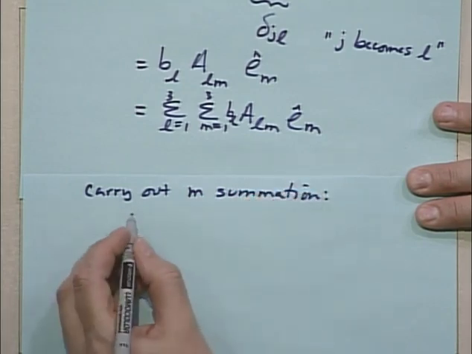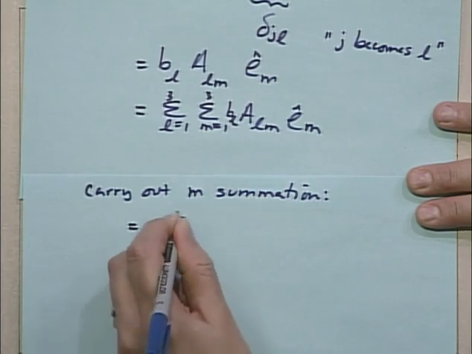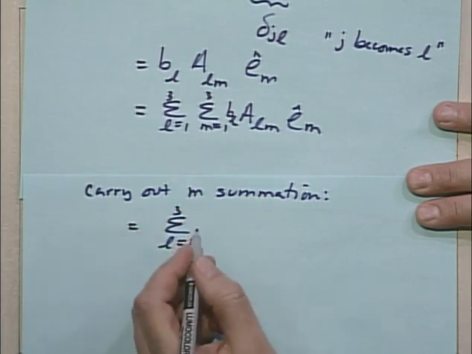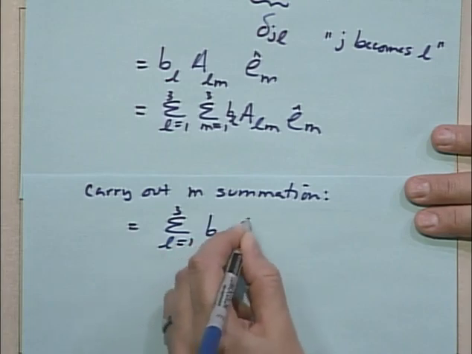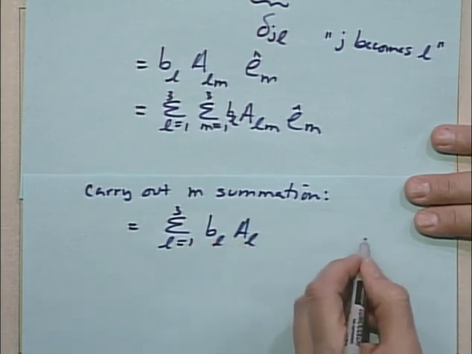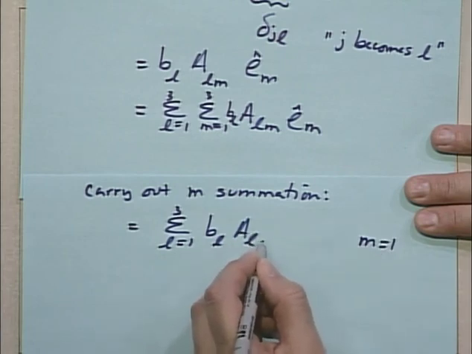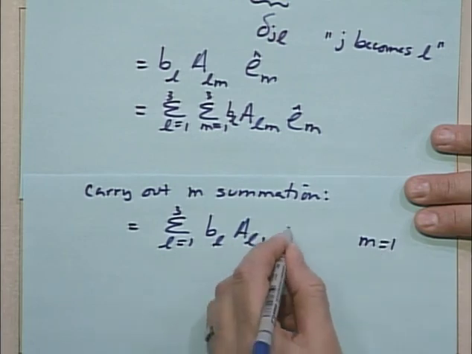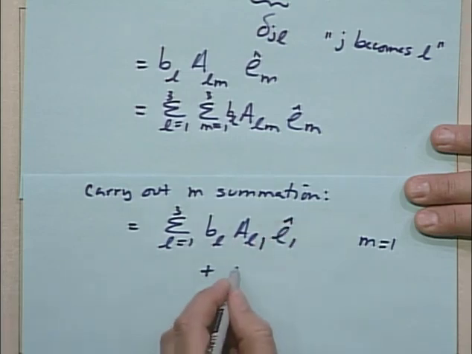I'm going to leave the L one in. Summation L equals 1 to 3, BL AL, but first I'm doing M equals 1. So it's AL1 E1 plus, and then everything again.